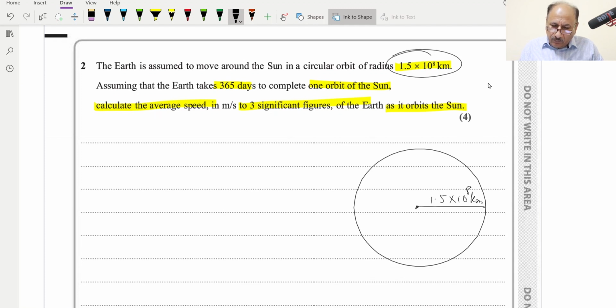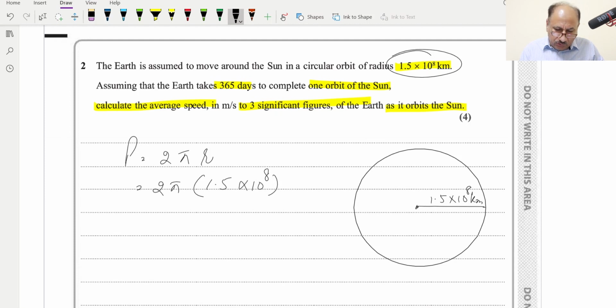And we know the perimeter is equal to 2 pi r, and r in this case is provided, so we will replace the value of r over here, and we'll get 2 pi, and the radius is 1.5 into 10 raised to the power 8.